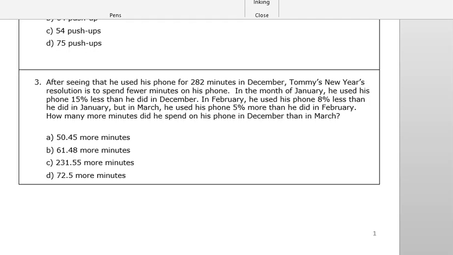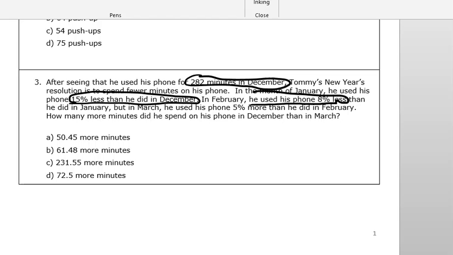After seeing that he used his phone for 282 minutes in December, Tommy's New Year's resolution is to spend fewer minutes on his phone. In the month of January, he used his phone 15% less than he did in December. In February, he used his phone 8% less than he did in January.